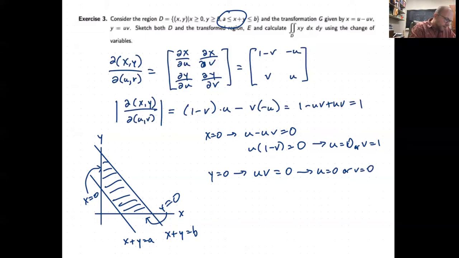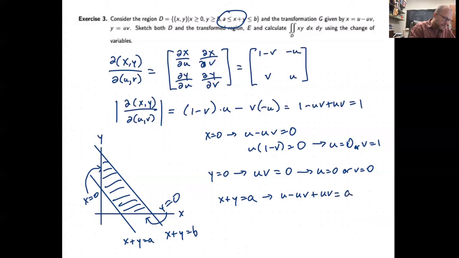And then for the x plus y equals A, once we do the work for x plus y equals A, then the equals B will be obvious. When we substitute in there, x is u minus uv, and y is uv.